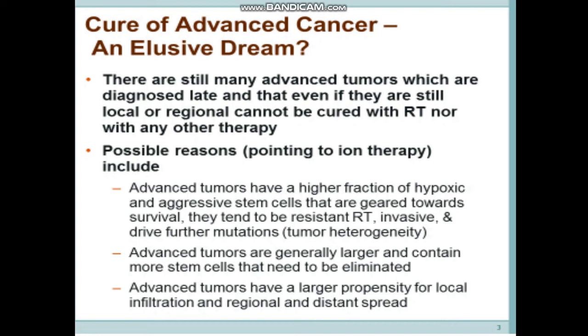Advanced tumors are generally large and contain more stem cells that need to be eliminated, and advanced tumors have a large propensity for local infiltration and regional and distant spread. Thus, during treatment of patients with advanced cancer, these aspects are so important.